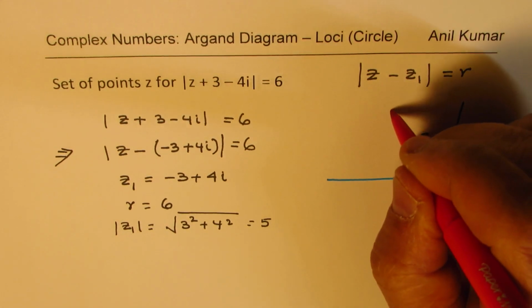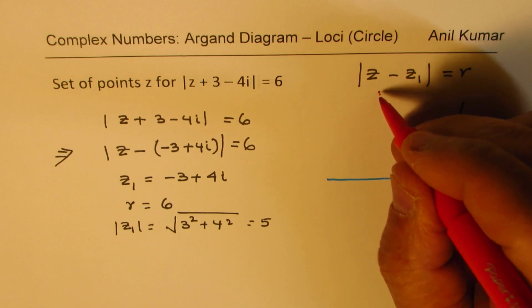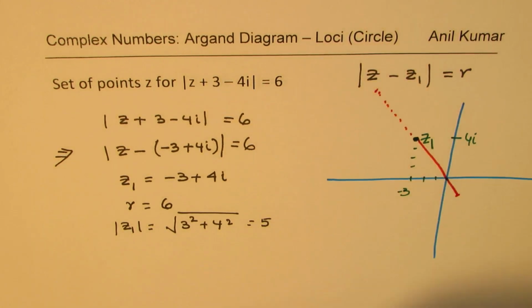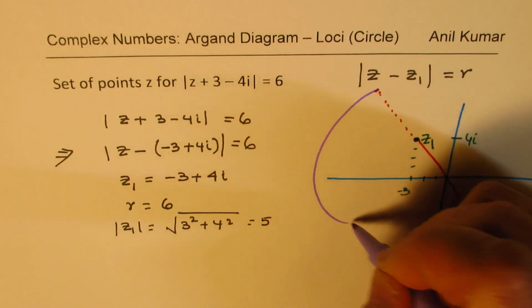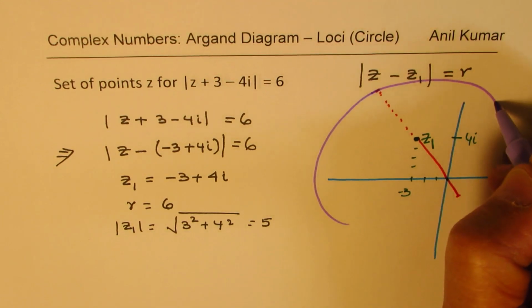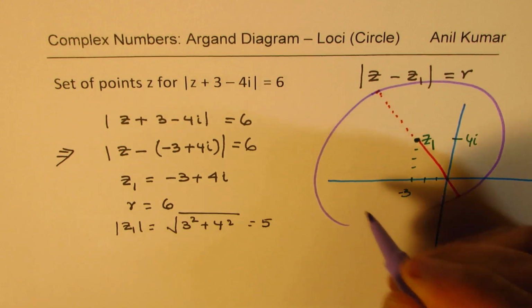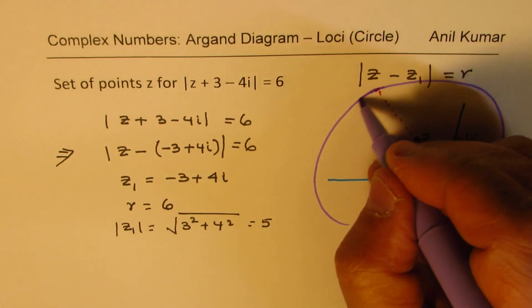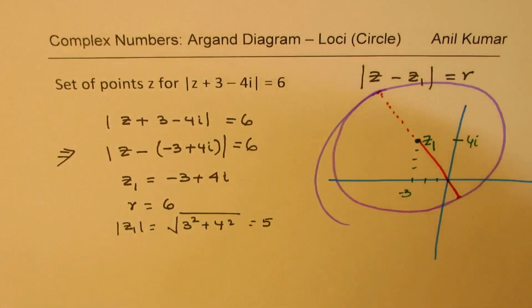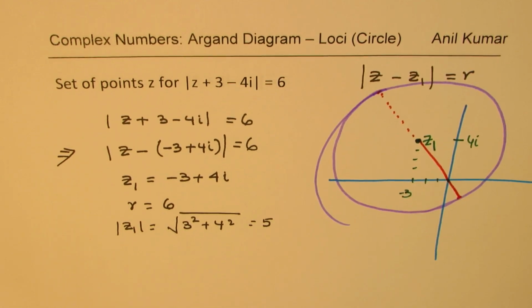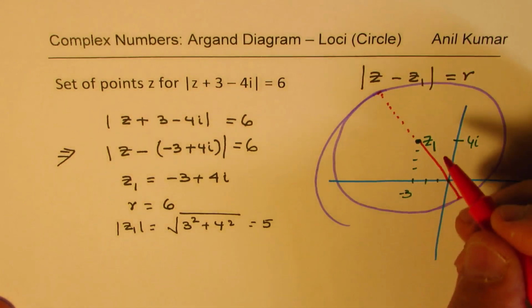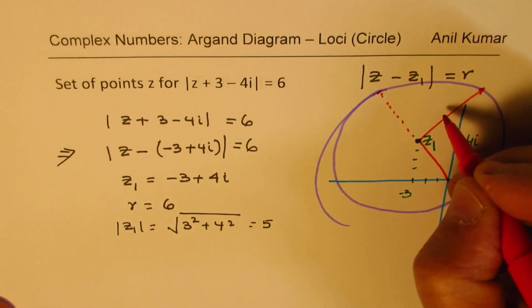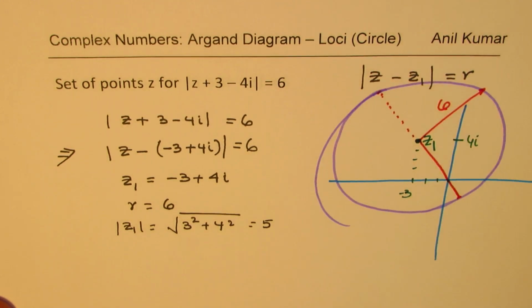If you have to do a neater job, you can make a scale here, and then make a circle. So we have a circle, a big one this time. Anyway, if you are making it on graph paper, you can actually do a better job. What I'm trying to say here is that this particular distance is 6 units.